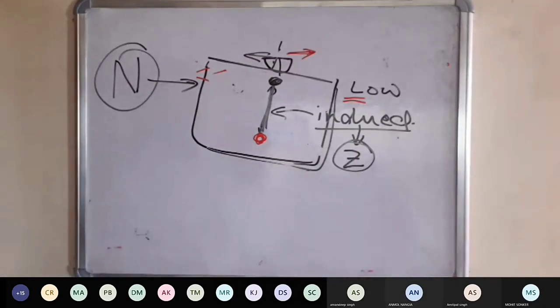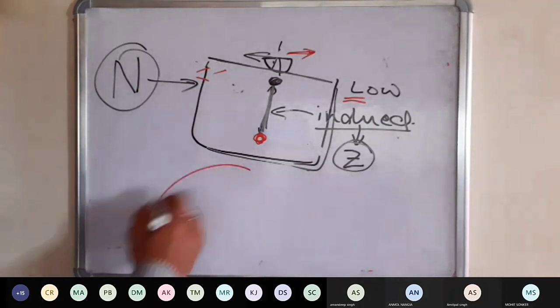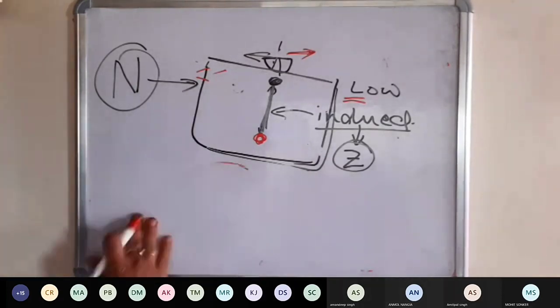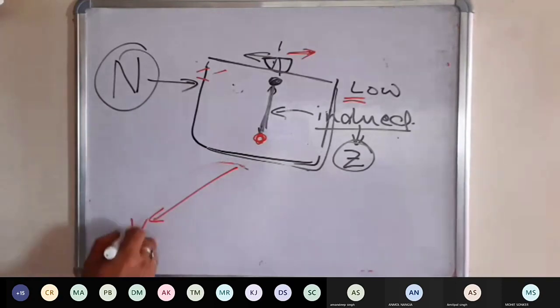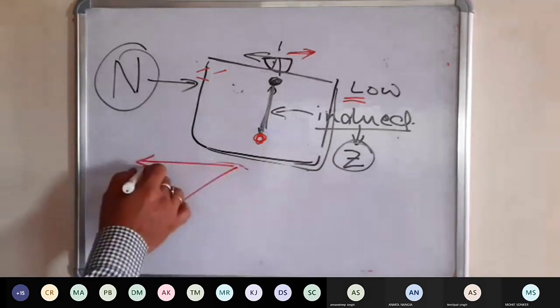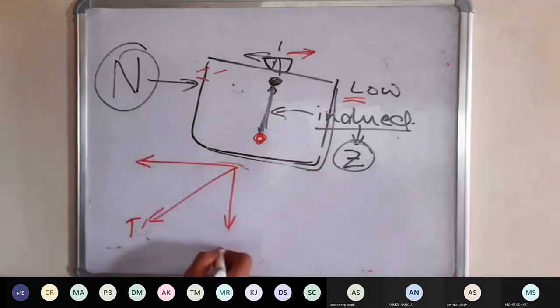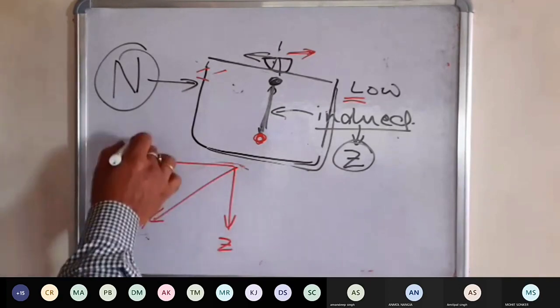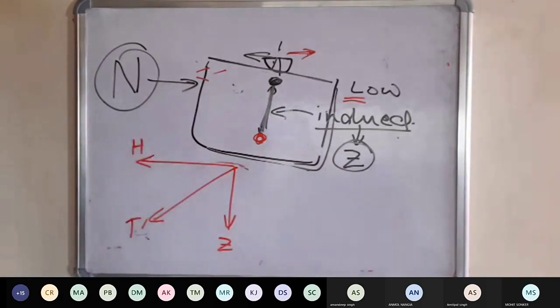In the northern hemisphere, the magnetic lines of force are dipping inside. That means they are at an angle like this. The total force is like this, which when resolved into Z and H will be like this.